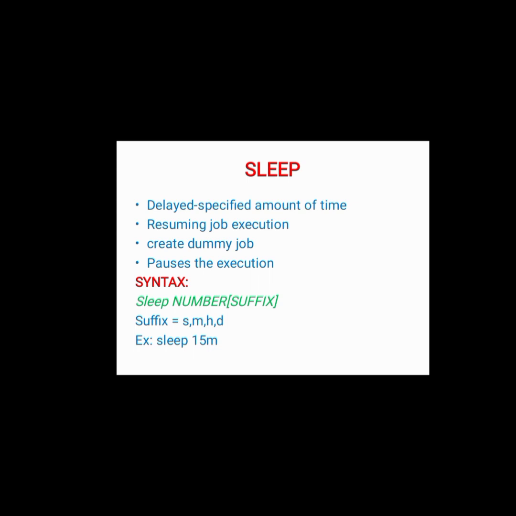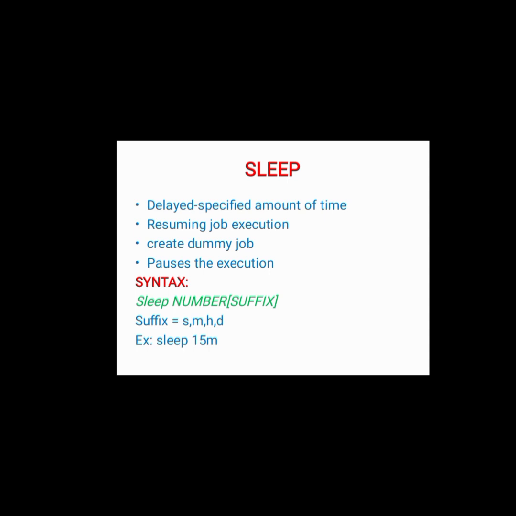Execution time depends on the system time at the moment of submission, and it is used to create a dummy job. It helps in delaying the execution. These commands pause the execution for an amount of time.